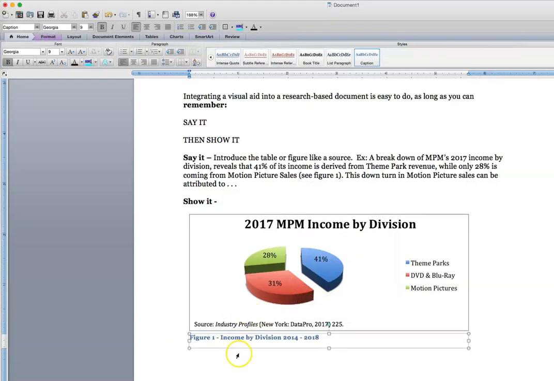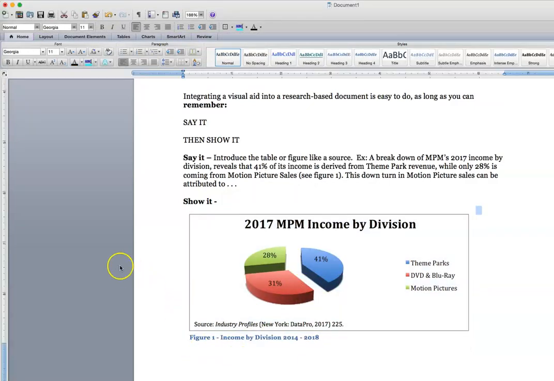Okay. So now we can see the same information, but we're seeing it represented in a different way. So the theme parks have generated 41% of the income for MPM, DVD and Blu-rays 31%, and motion pictures only 28%.